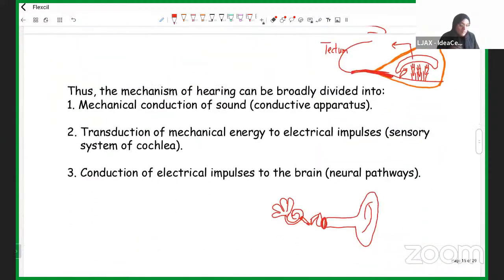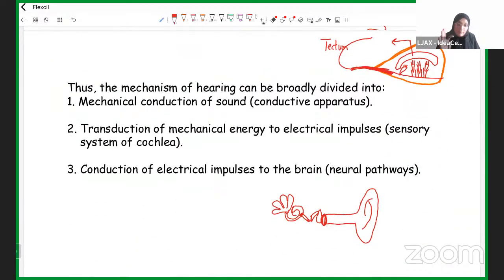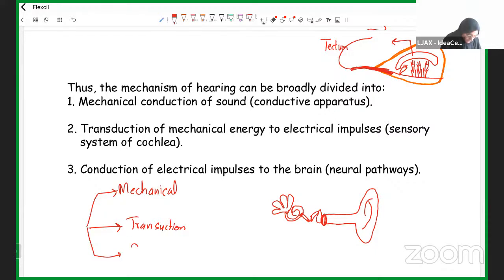The mechanism of hearing can be broadly divided into 3 parts. One is mechanical conduction. 2 is transduction. And 3 is neural conduction.